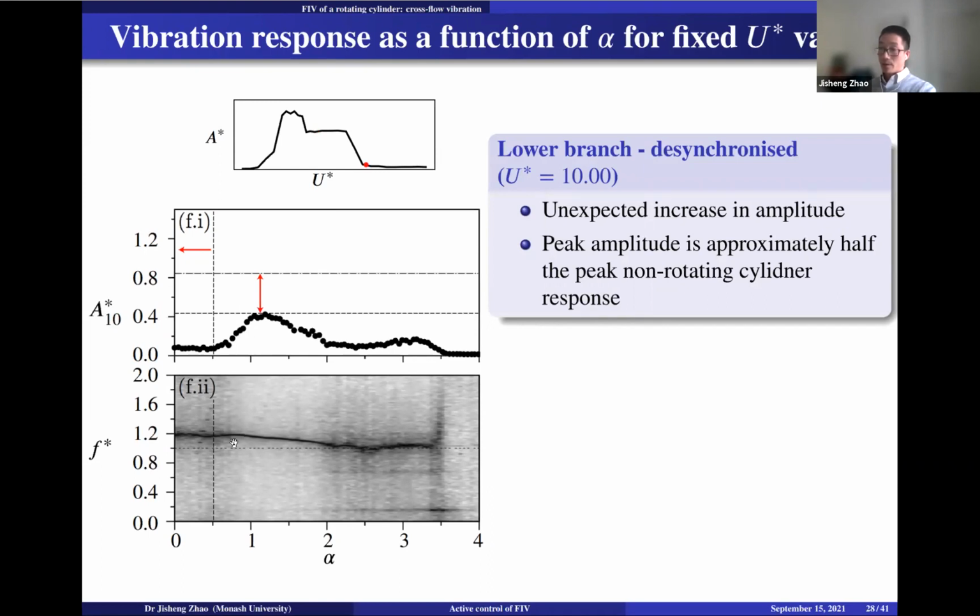I think when the frequency just becomes more clear with the one frequency component there, it becomes more regular. I mean, the vortex shedding. So there was some enhancement there.